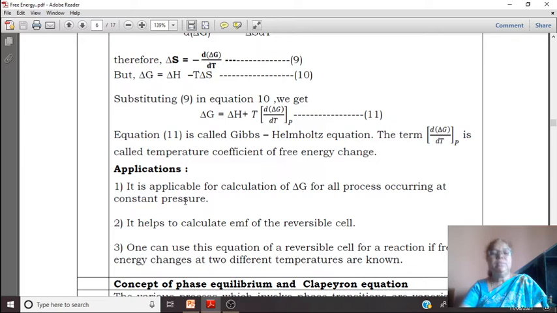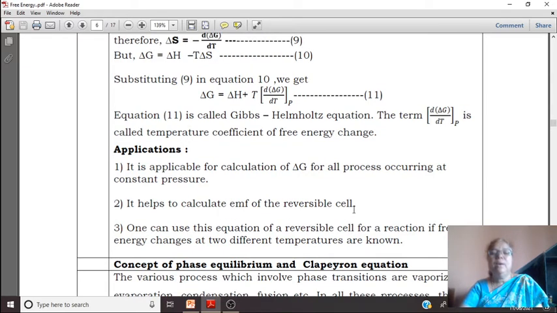Then the applications of the Gibbs-Helmholtz equation. This equation is applicable for calculation of delta G for all processes occurring at constant pressure. It helps to calculate EMF of the reversible cells. Then one can use this equation for the reversible cell for a reaction if free energy changes at two different temperatures are known.